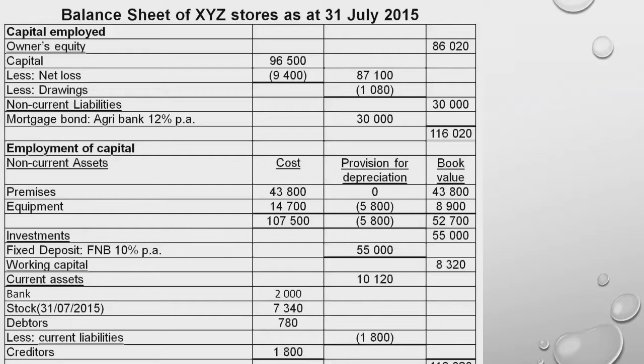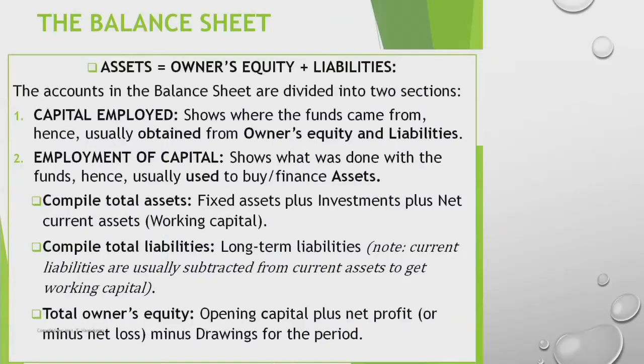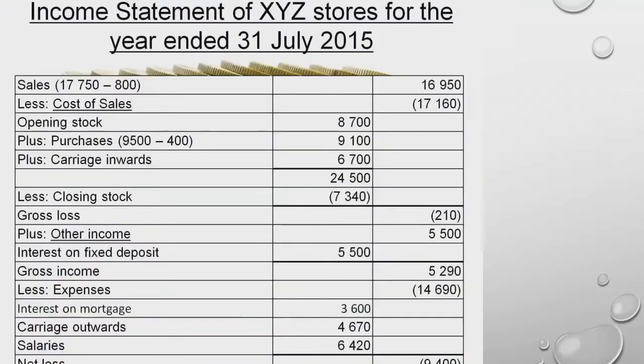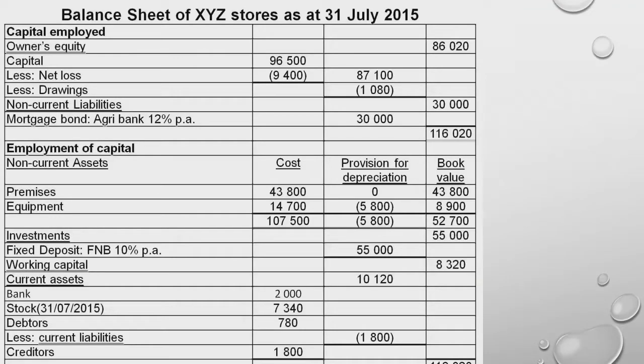All right. Then after that, the net profit or loss that you still need to use in the balance sheet. How do we do the balance sheet? You start with capital employed. I was already explaining to you what capital employed is. Capital employed shows where the funds came from, the sources of funds. We have capital, we have net loss, we have drawings.